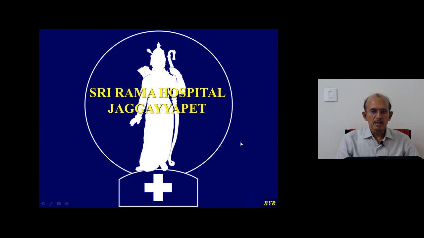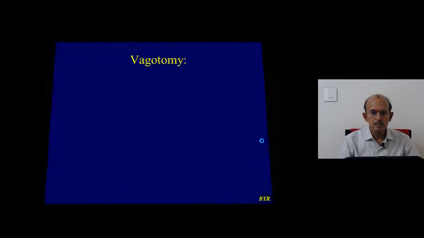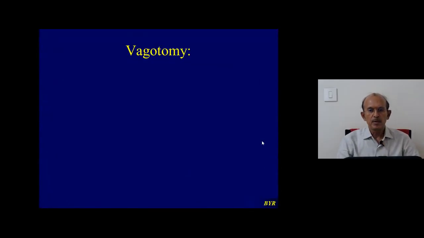There is the nerve of Latarjet, which supplies side branches to the body and fundus, and terminal branches to the pyloric antrum. Now, with this brief review of anatomy, let us go to the vagotomy.